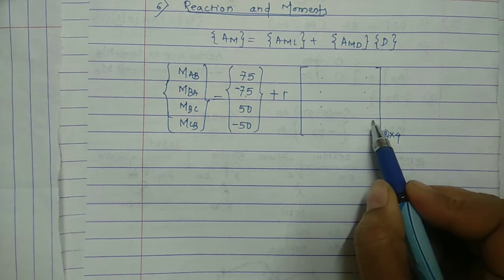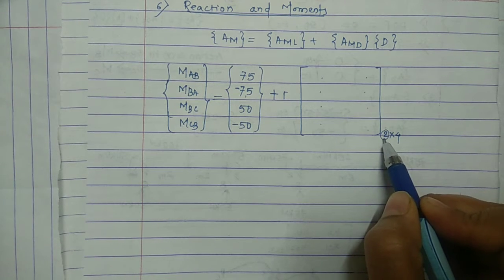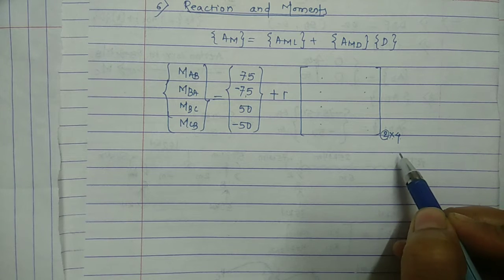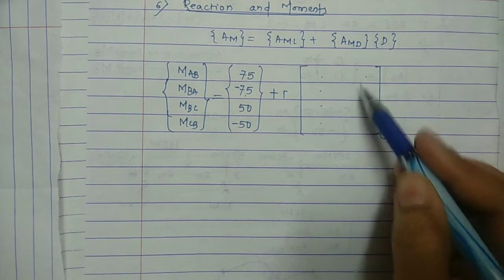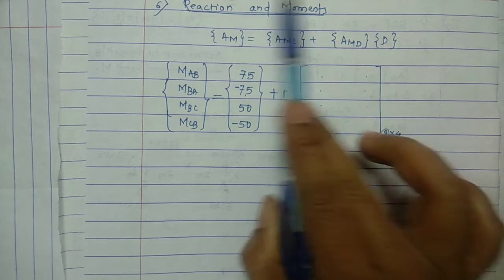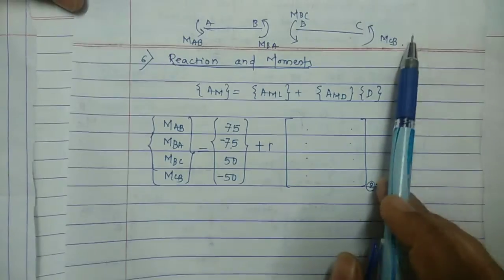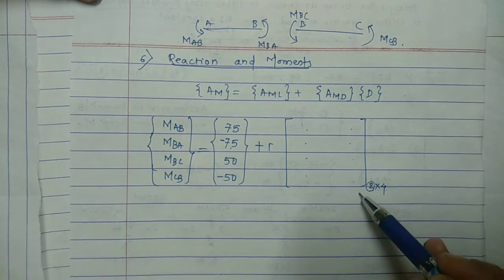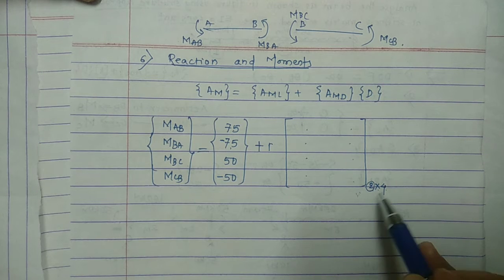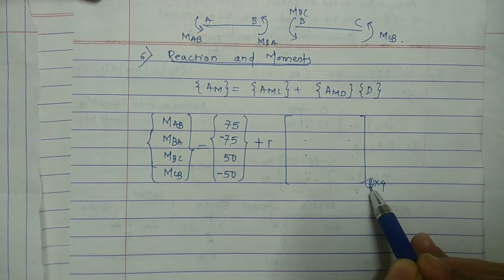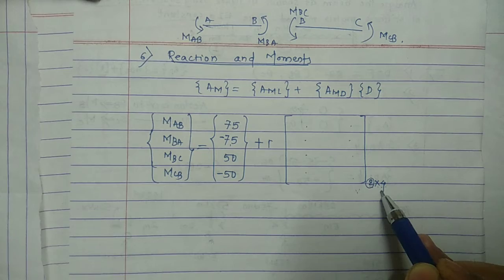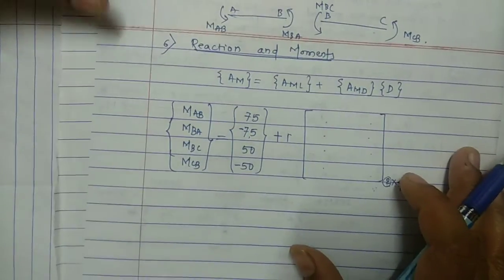So the order of this matrix will be degree of freedom multiplied by 4, because 4 elements will be there. If it is a 3-member beam, in that case 2 more elements will be there, so the order of that matrix will be degree of freedom multiplied by 6. Okay, in that way you have to write this.